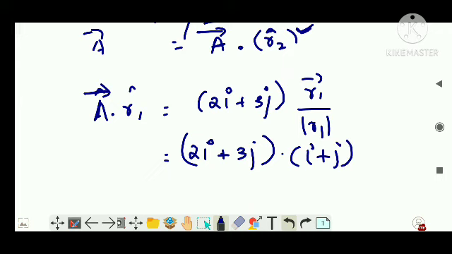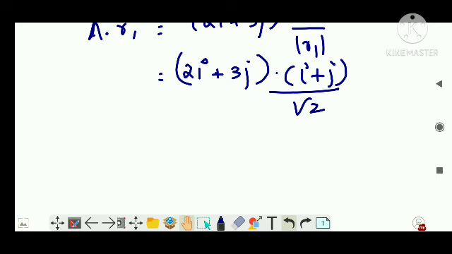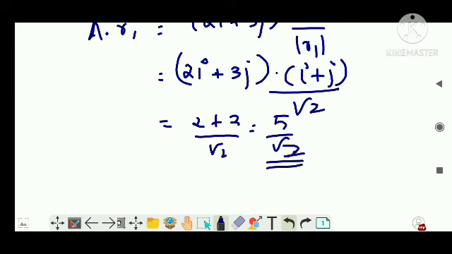And magnitude is root of i square plus j square, that is root of 1 square plus 1 square, root 2, right? Now calculating, 2 into 1 will be 2, 3 into 1 is 3, that is 5 by root 2 as magnitude of A vector along r direction or r1 direction, right?